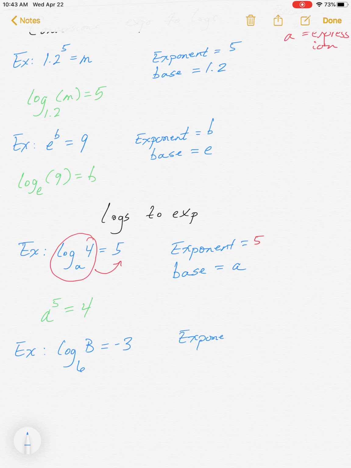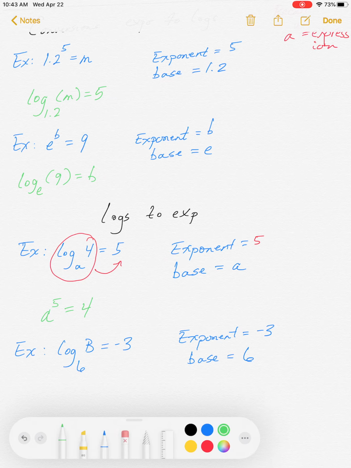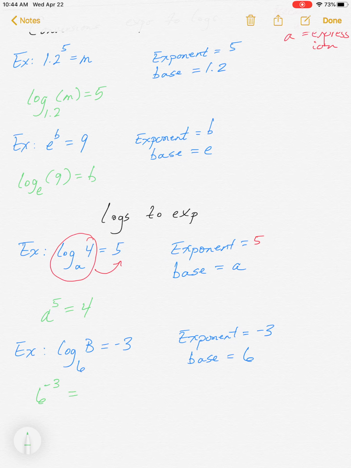Identify the exponent. Whatever is equal to the log, you are correct. Our exponent is -3. Identify the base. The base of the log is 6. Solution: 6 to the -3 equals b.